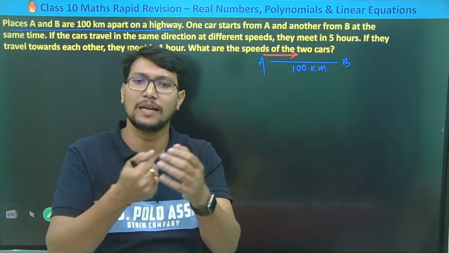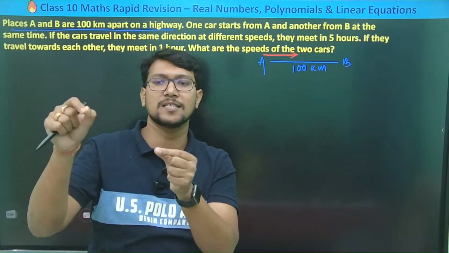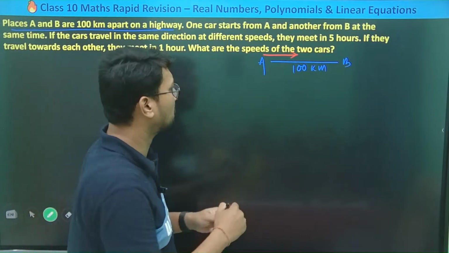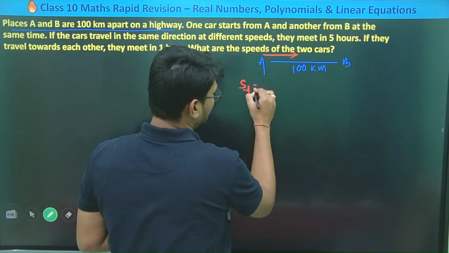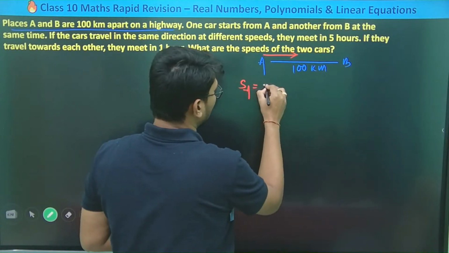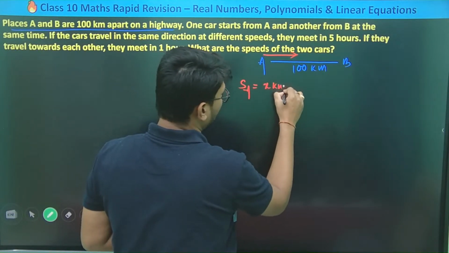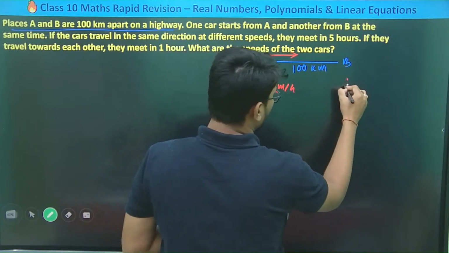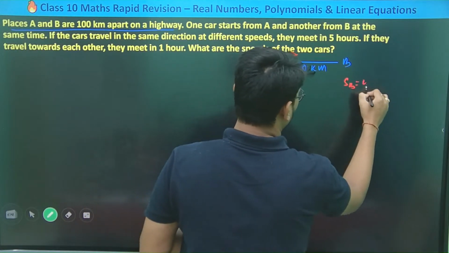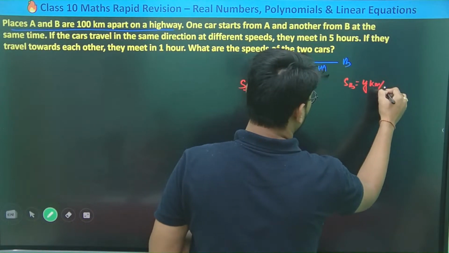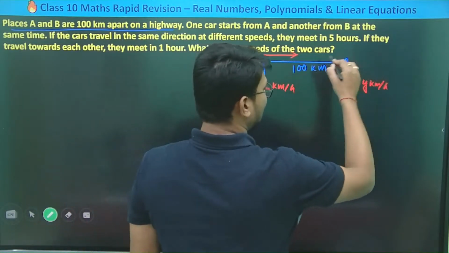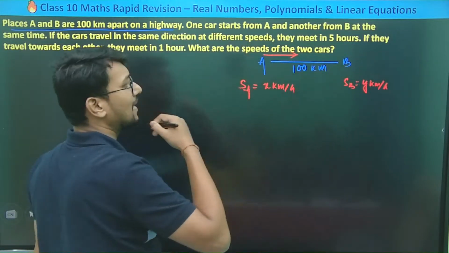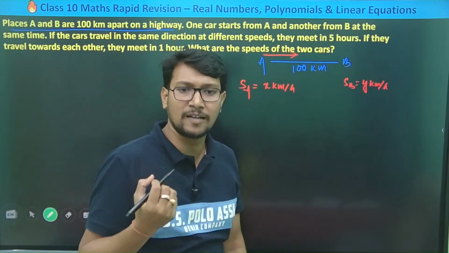Let the car starting from A have speed x kilometers per hour, and the car starting from B have speed y kilometers per hour. Though both travel in the same direction, they meet after 5 hours.